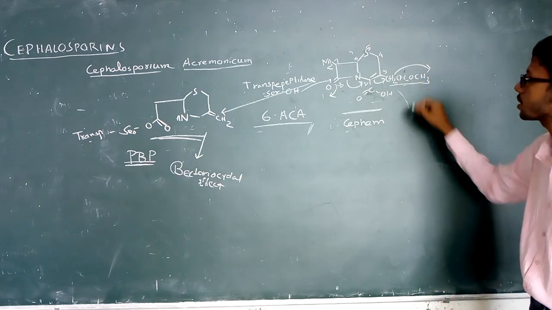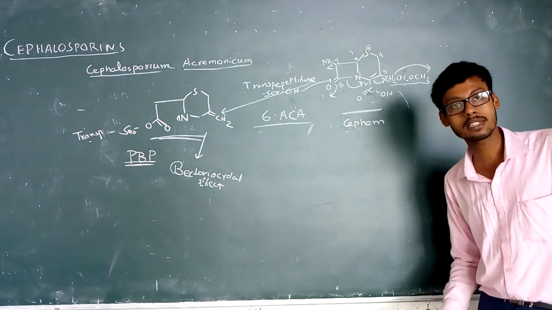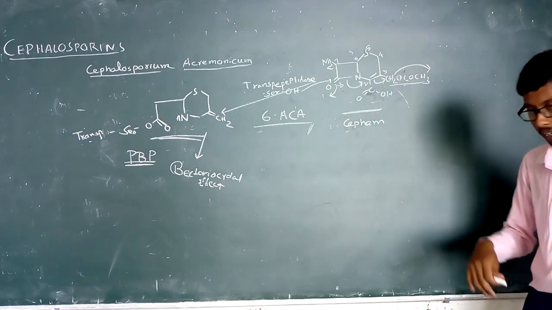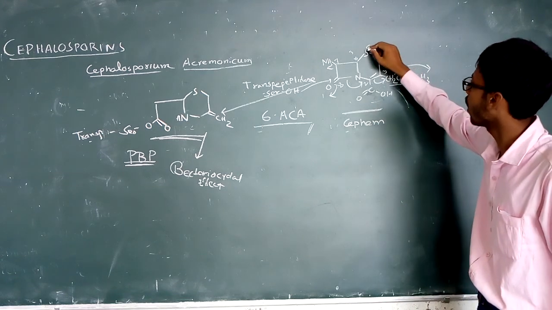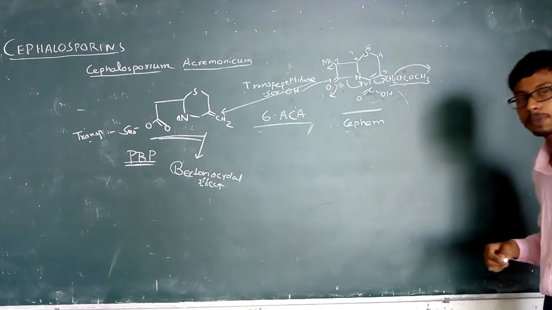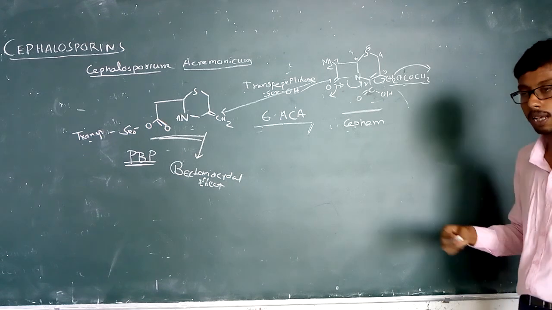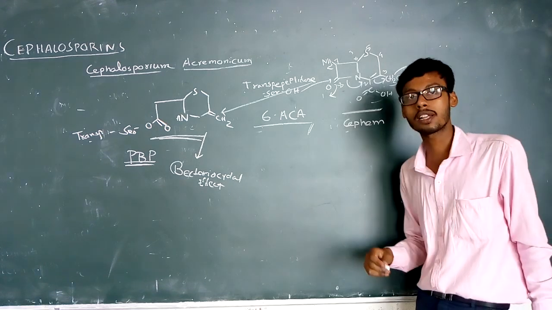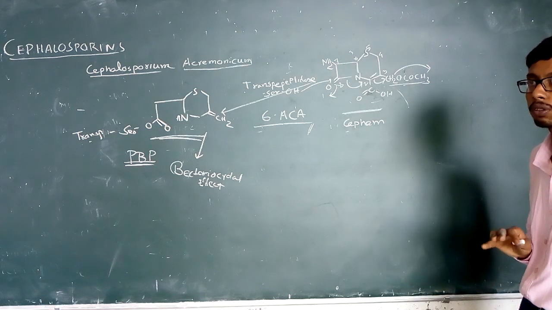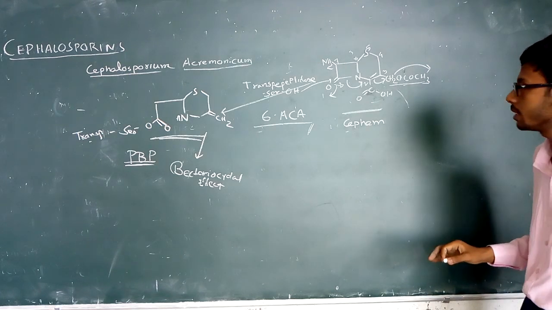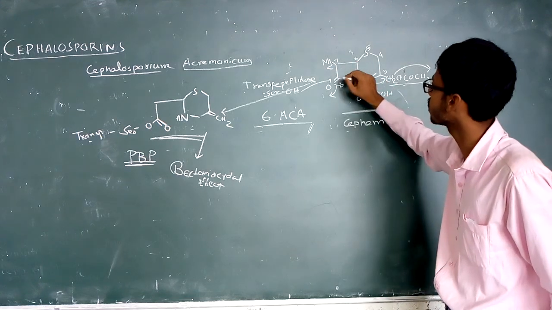At the 3 position there is a leaving group which can easily be removed from the nucleus, and at the 5 position there is sulfur, and sulfur may sometimes be replaced by oxygen or a methylene group, showing some change in biological effect.